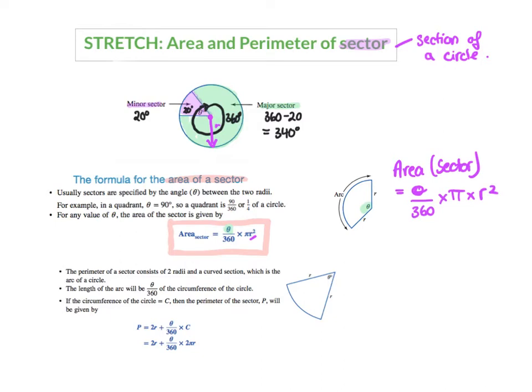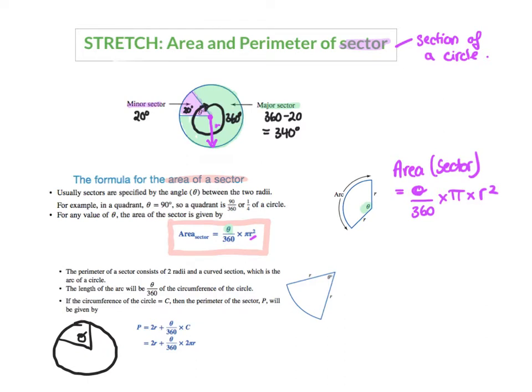Now if we're trying to find the perimeter of a sector, think about a circle where we cut out a little piece of it and find the perimeter of that section.